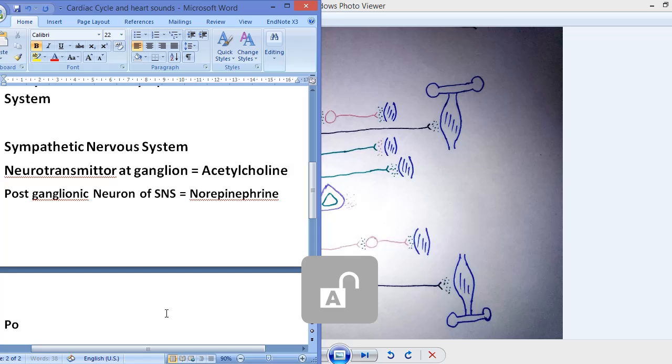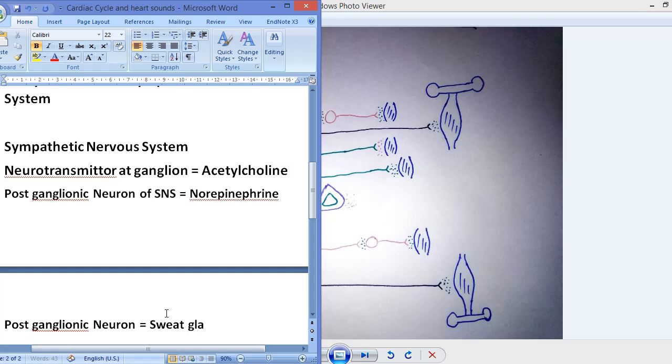The only postganglionic neuron which supplies the sweat gland will secrete what? That will secrete acetylcholine.